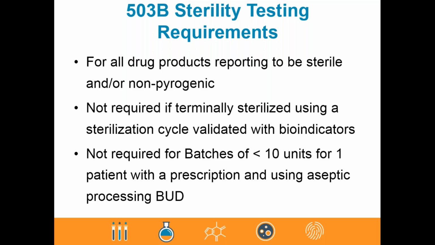So common bioindicators are spore strips, spore ampules, those types of things. So keep that in mind. Also for batches of less than 10 units for a single patient with a prescription, and if you're aseptic processing BUDs, then you don't have to do sterility testing.